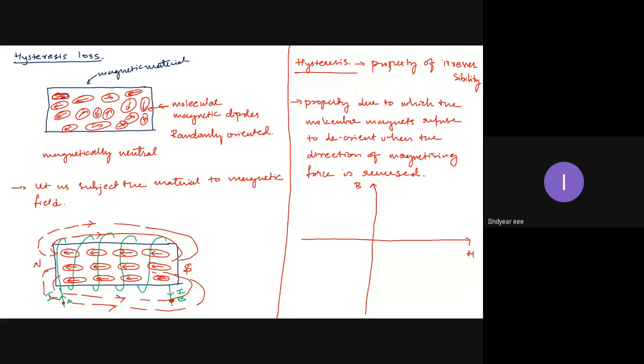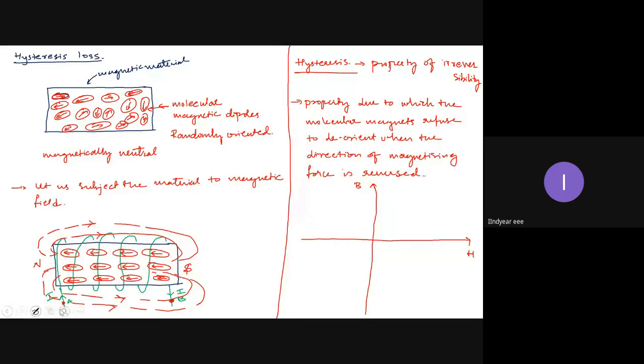H is magnetizing force and B is magnetic flux density. So as I increase the magnetizing force, the magnetic flux density increases. That is, when I increase the magnetizing current, the magnetic field increases. You just understand this point.